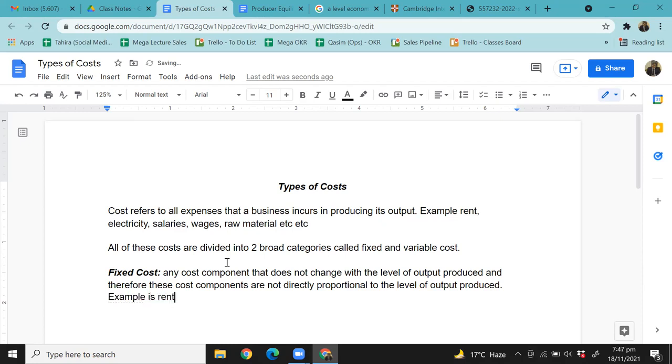Electricity is often fixed because regardless of how many students we have, we need a certain amount of electricity every day for charging, the lights that are on, air conditioners, and so on. So this is the example of rent and electricity. Another thing that is often fixed is salaries. The full-time employees who are working constantly, I'm not talking about teachers.